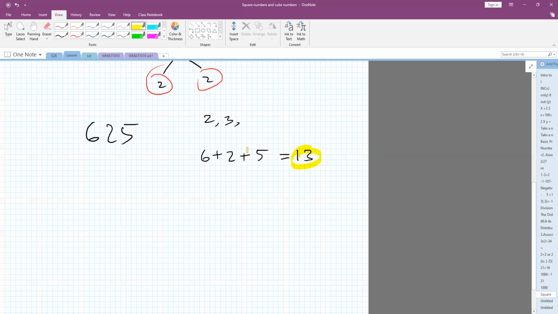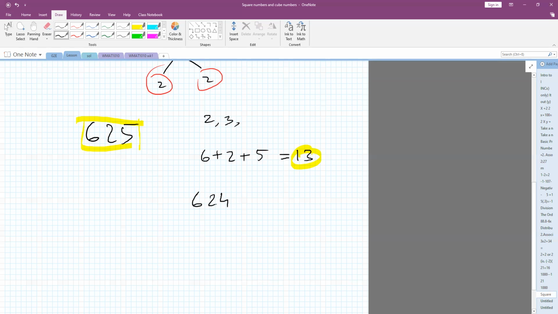13 is a prime number, of course, but the idea here is, for example, if you have 624, can we divide this by 3? Yes. How do you know?